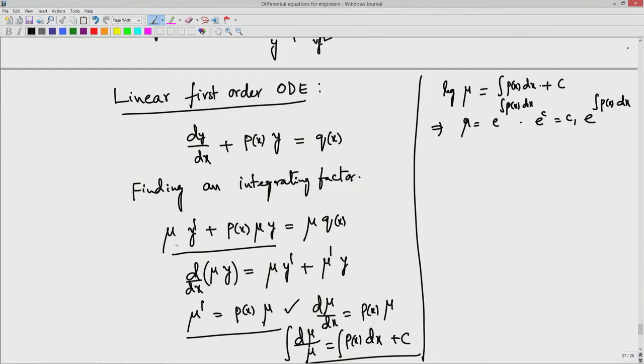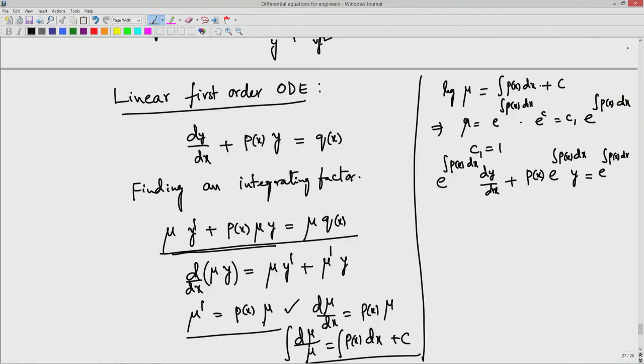Now I go and replace my left hand side. Given the equation, I multiply by this mu, taking c1 equal to 1: e to the power integral p(x) dx times dy/dx plus p(x) e to the power integral p(x) dx times y equals e to the power integral p(x) dx times q(x).